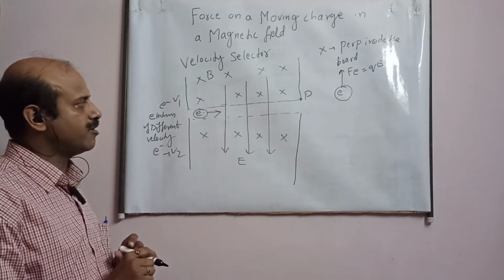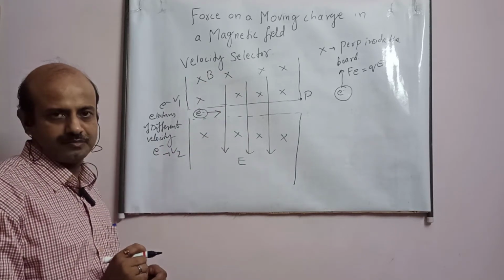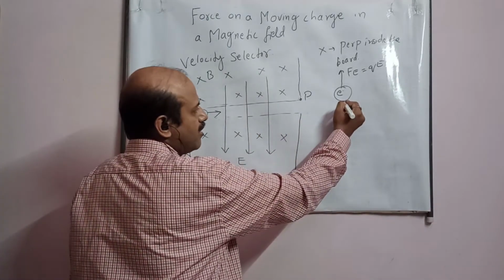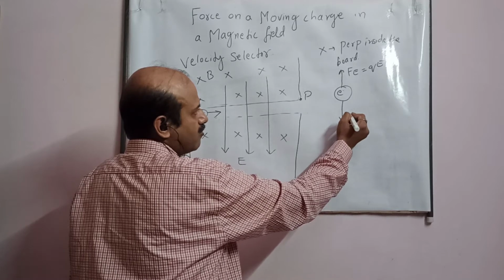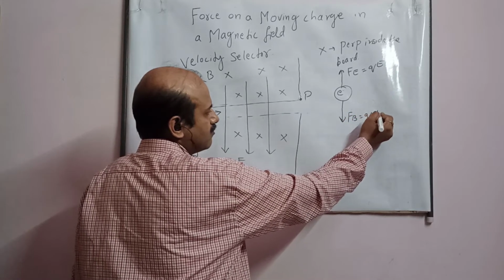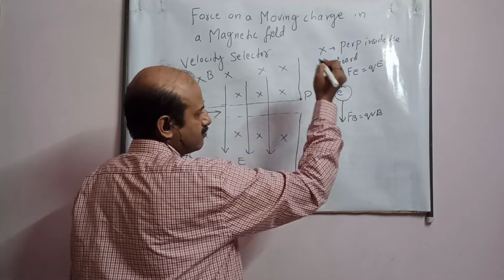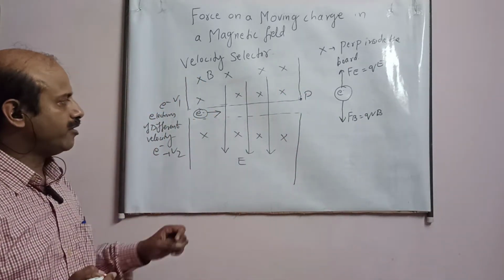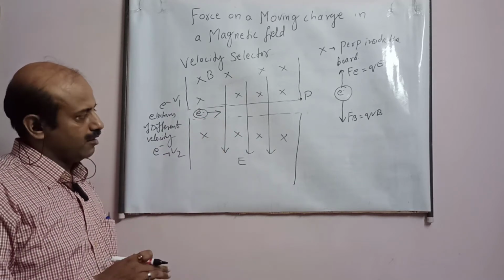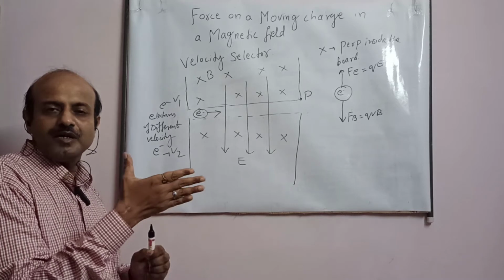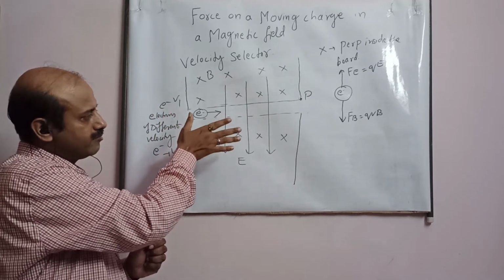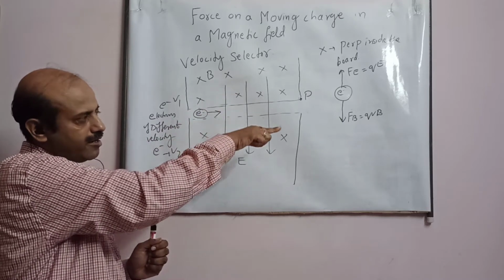So from the cross product rule, if you observe it, the magnetic force will be in the downward direction, student, for the electron. The angle between V and B in this case is 90 degrees, student. If you try the right hand curl rule, you will see that the force on the electron is in the downward direction, student.